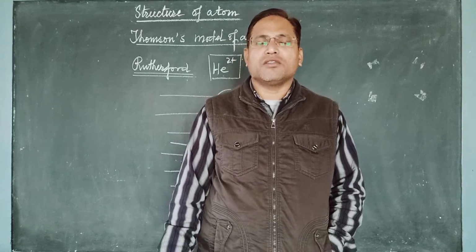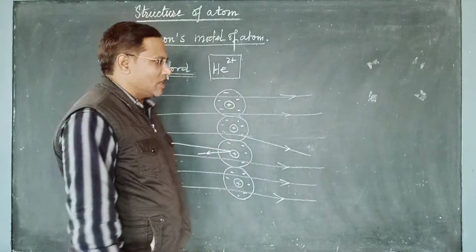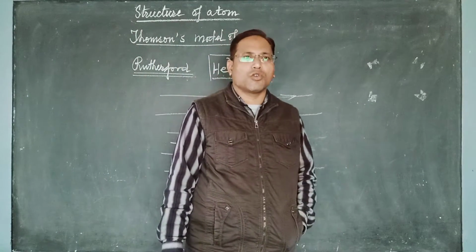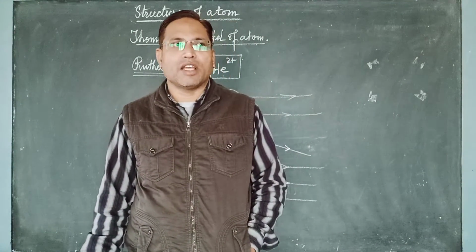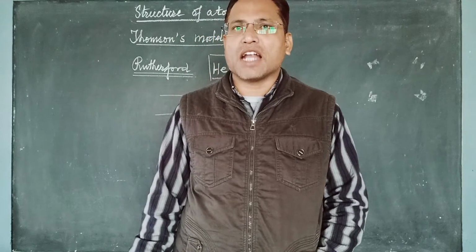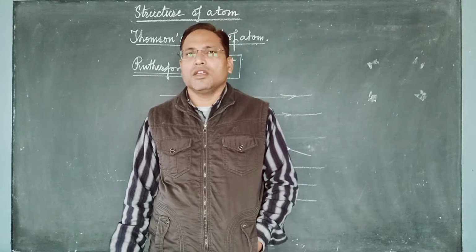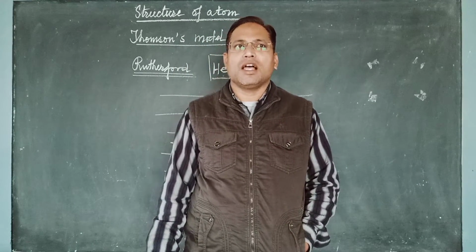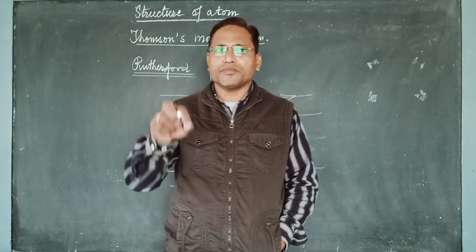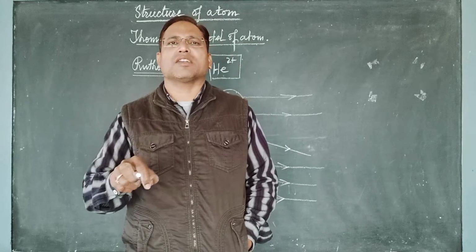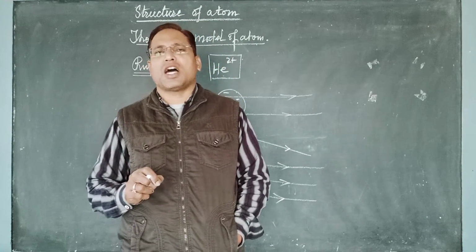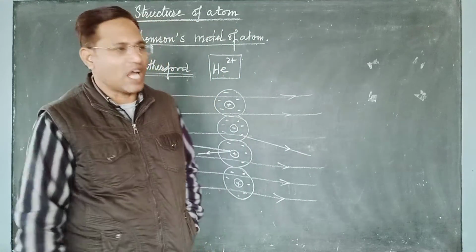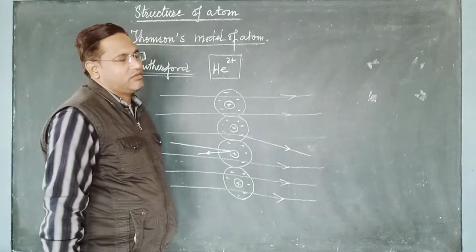The second observation was that a few of them bent with large angles. He said this is because these alpha particles are positively charged, and something in the atom is also positively charged, which is repelling them, and that's why they bend with large angles and go away.